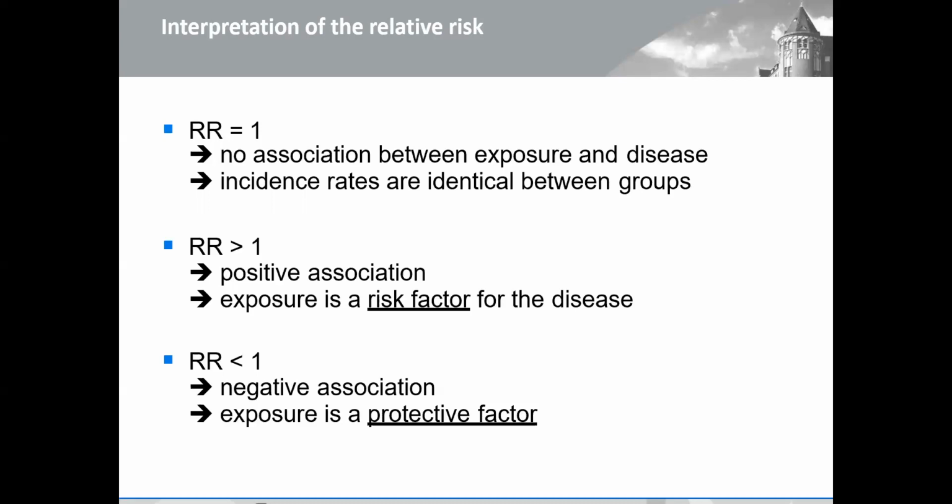But if relative risk is less than 1, we call that a negative association, and that exposure is protective. I can give an example: there are some exposures which can give a negative value. Let's say we're taking the risk of developing a heart condition among those who exercise and those who do not exercise.